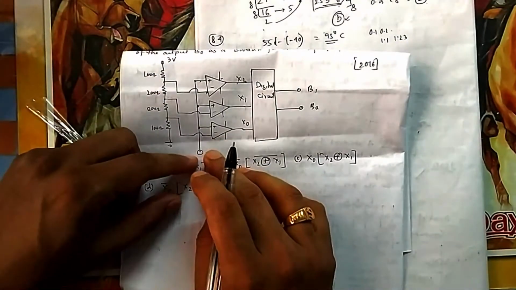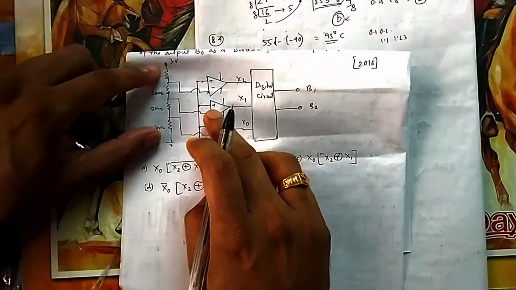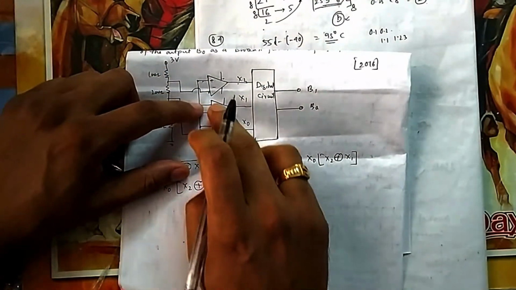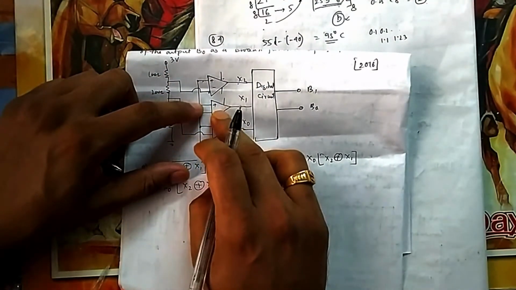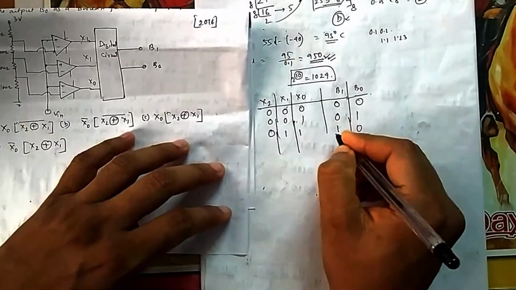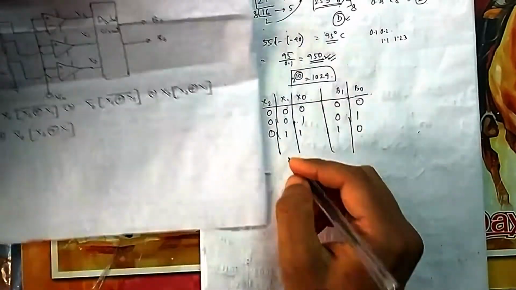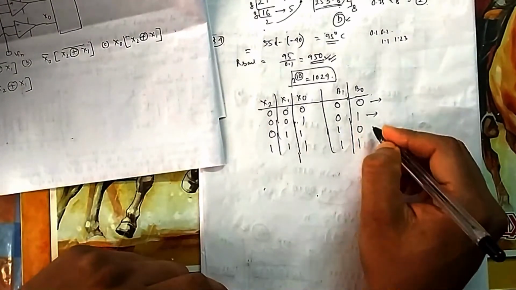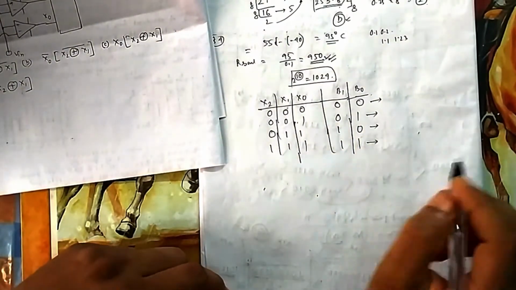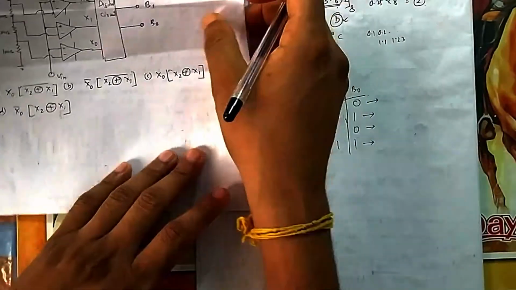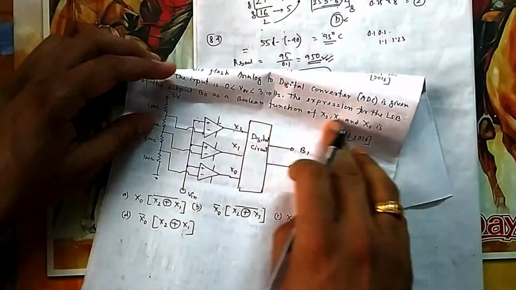Next, the voltage crosses this level, so this 2 will be 1, that means it is 1, 0. Third step, if it reaches this, then all will be 1. This will give you 0 volt, 1 volt, 2 volt and then 3 volt.